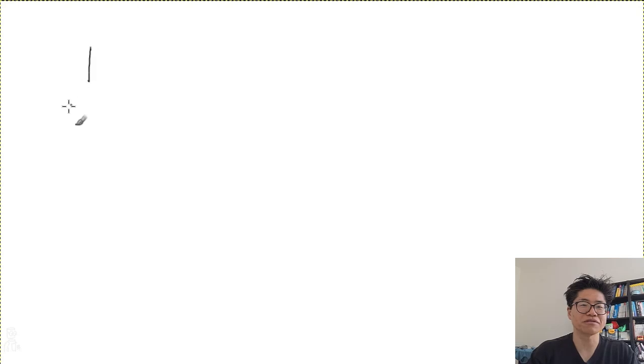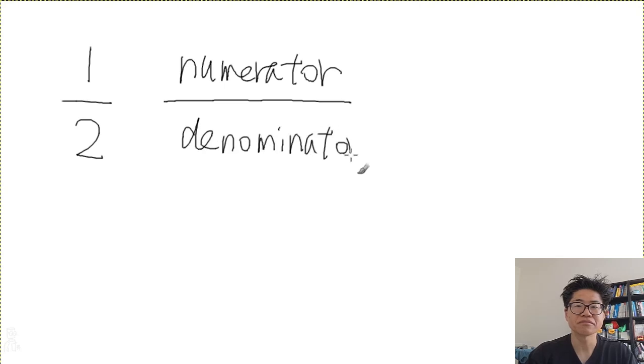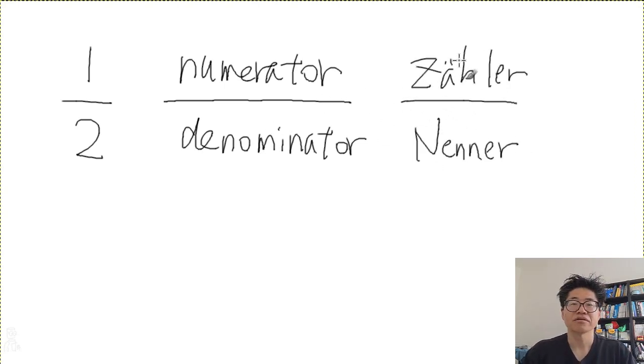If I write like this, the upper side is called the numerator. This is just a name: this 1 is called the numerator, this 2 is called the denominator. In German, the upper number is called Zähler, and the lower number is called Nenner.